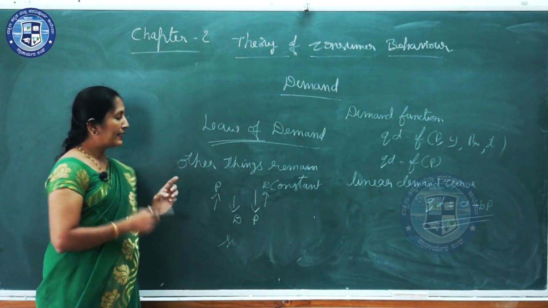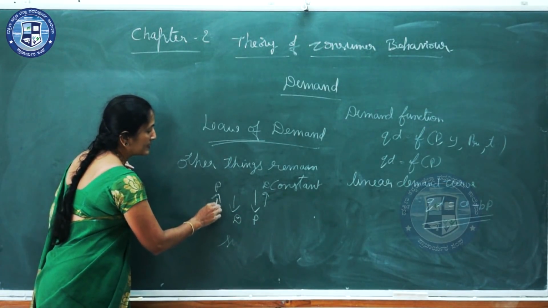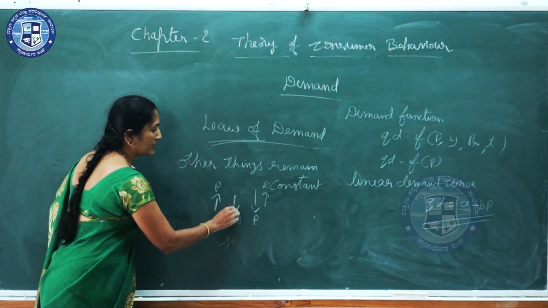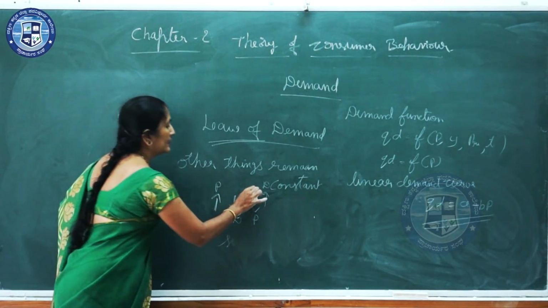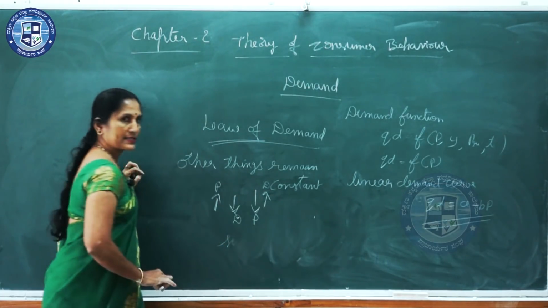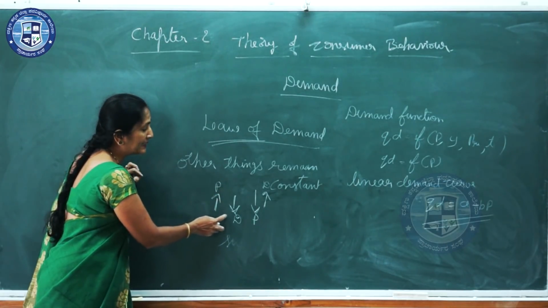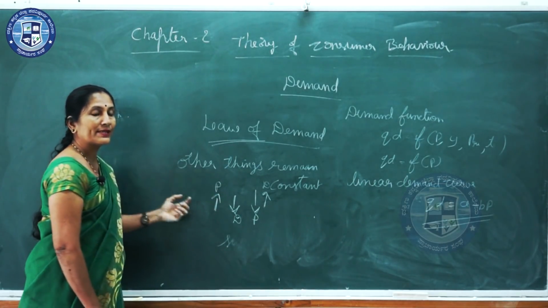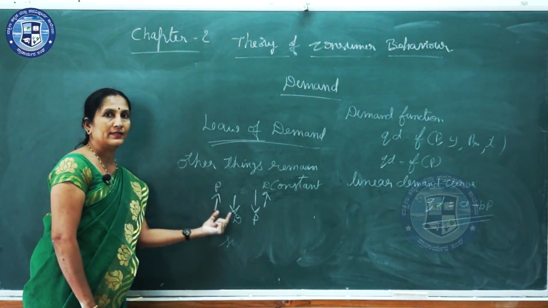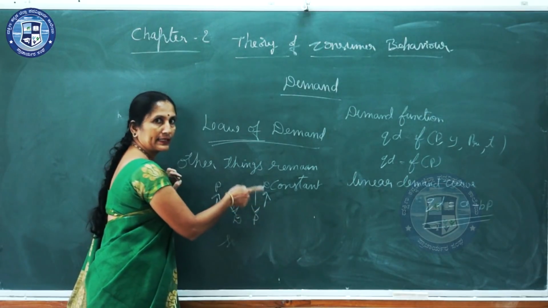There is an inverse relationship where, when one increases, the other decreases. When the price decreases, the demand increases. When the price increases, the demand decreases. There is an inverse or negative relationship between price and quantity demanded.